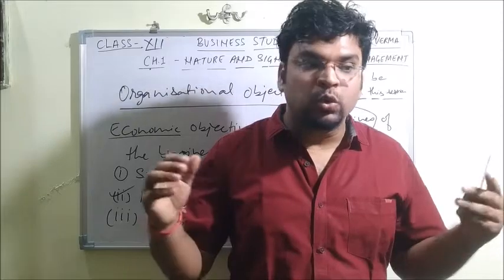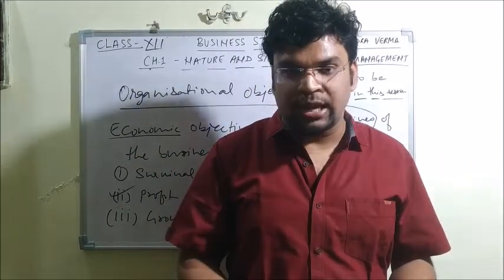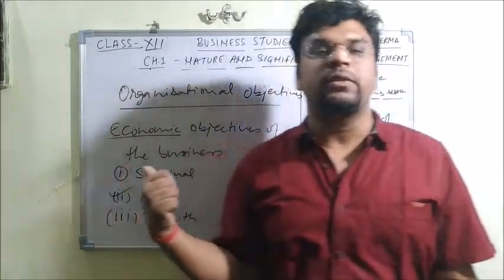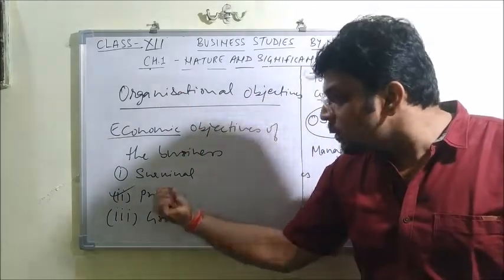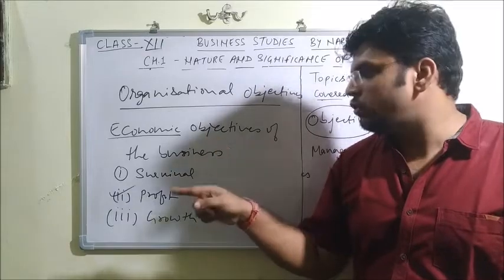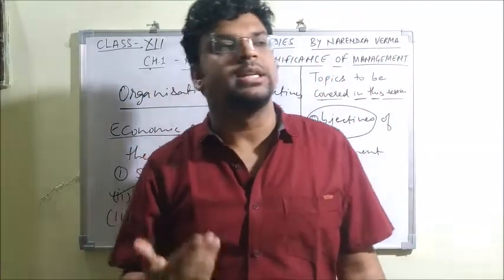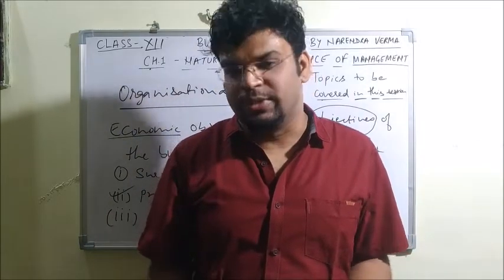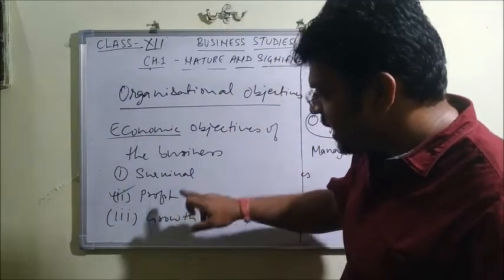You will have to keep improving yourself, try all your efforts so that profit starts coming, right? So another objective of this economic category, this organizational category, is profit. Fine. Very first you will focus on survival, then on profit, because as you learned in the definition of business, without profit we cannot imagine business, right?